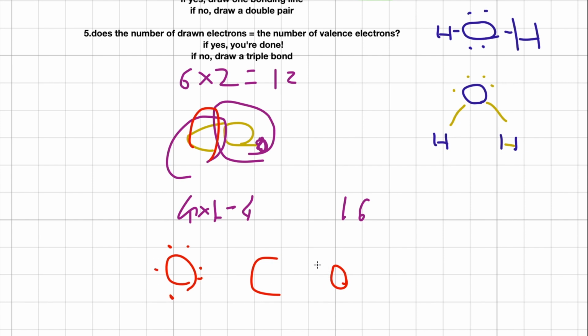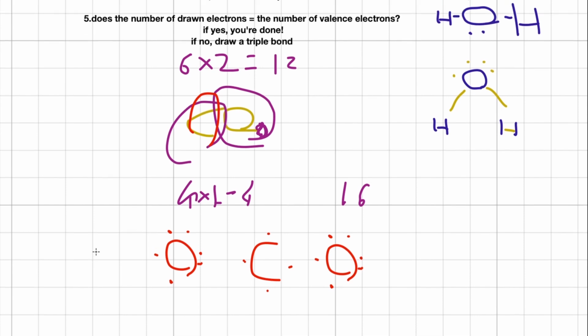Again, here, I'm just going to copy, paste, and move it down here. And carbon has 4, right? So 1 here, 1 here, 1 here, 1 here. Now, does the number of drawn electrons equal the number of valence electrons? 1, 2, 3, 4, 5, 6, 7, 8, 9, 10, 11, 12, 13, 14, 15, 16. Yes.